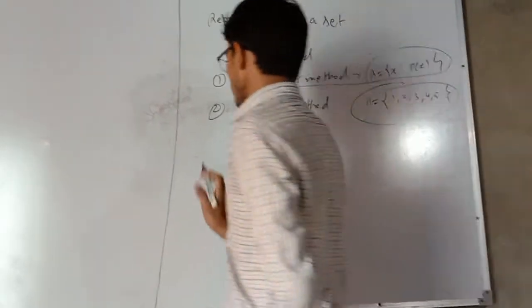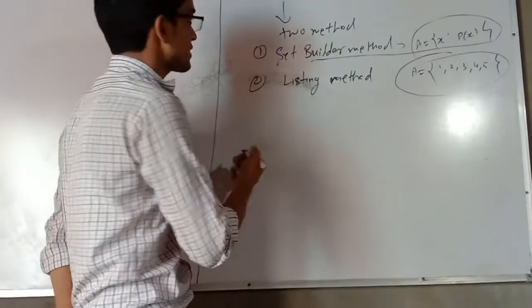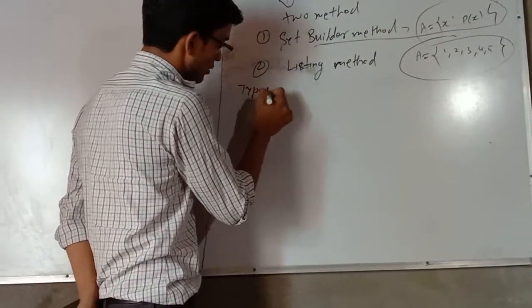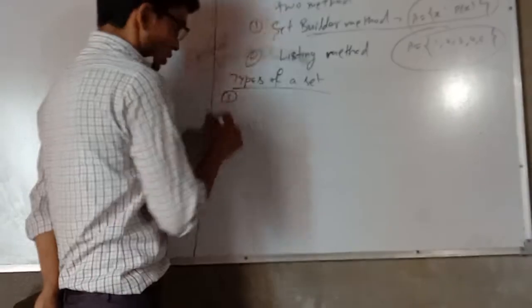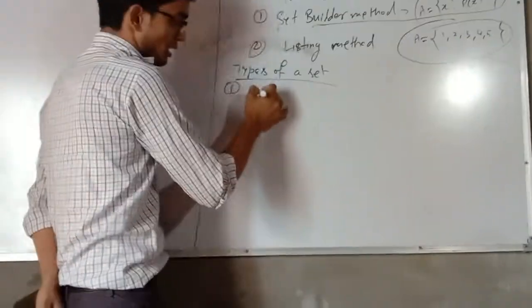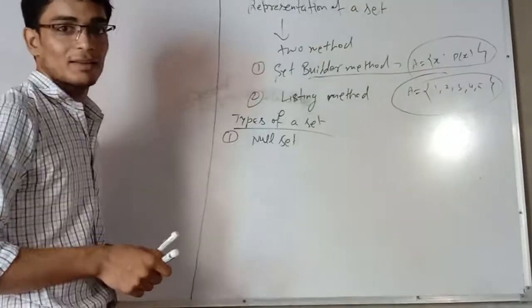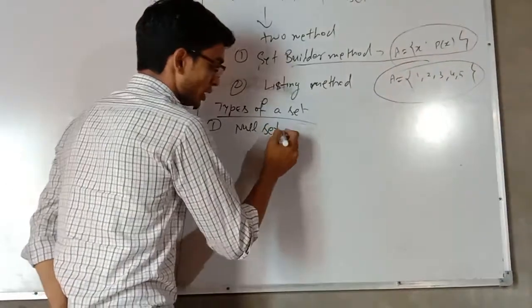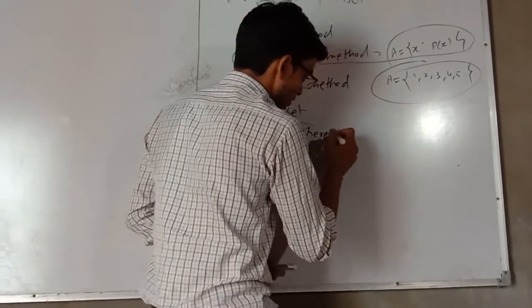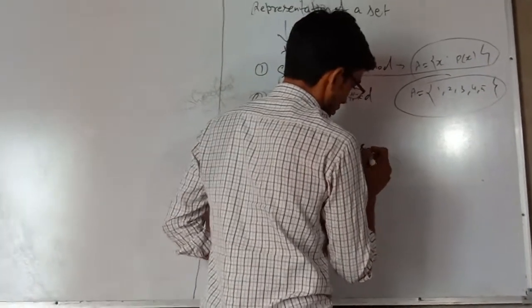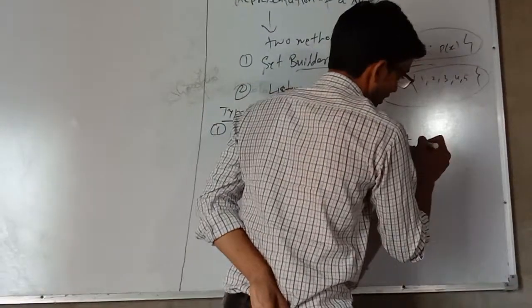Now we will talk about some types of a set. So first we take the null set. Null set means there is no element in a set.